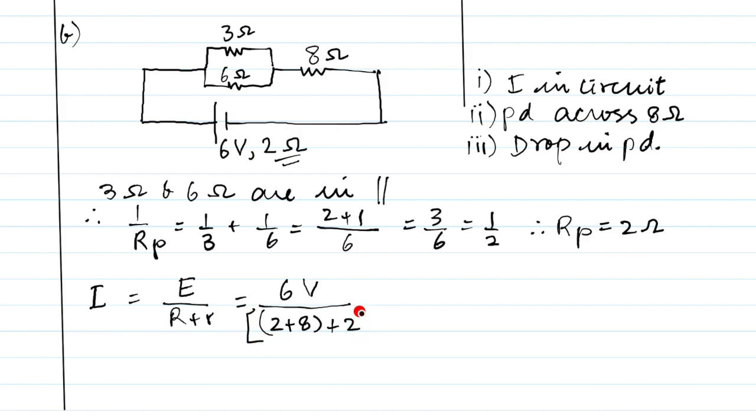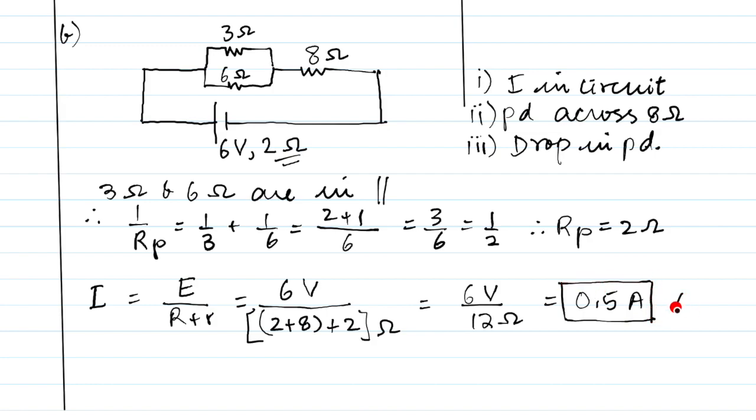So that will give us 6 volt upon 12 ohm. That is going to give you half, means 0.5 ampere. Remember, the answers in physics paper have to be in decimal. So this is going to be our answer 1.